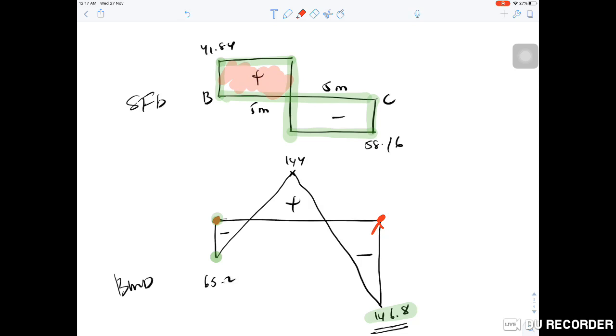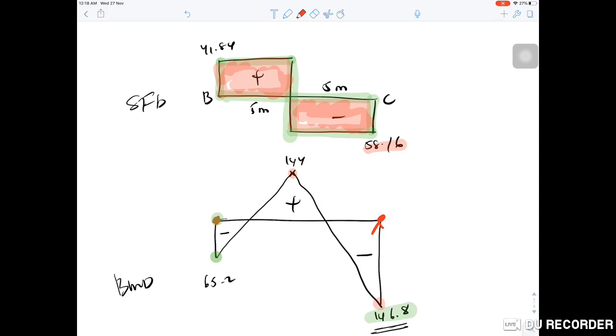Negative 65.2 plus the area of this one, it is 41.84 times 5, so we get 144. So 144, we continue with minus this area. Okay, this area minus this, so it is 144 positive minus 5 times 58.16, so we will get this point.